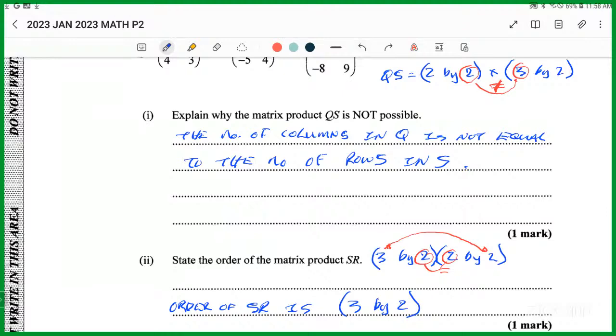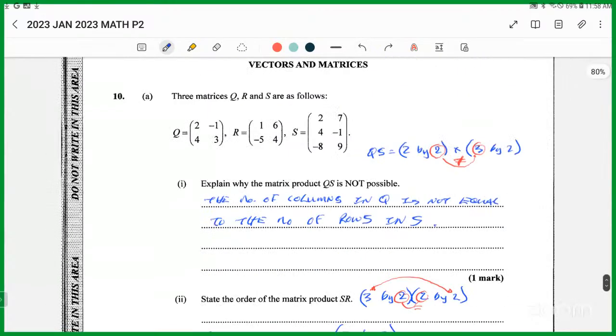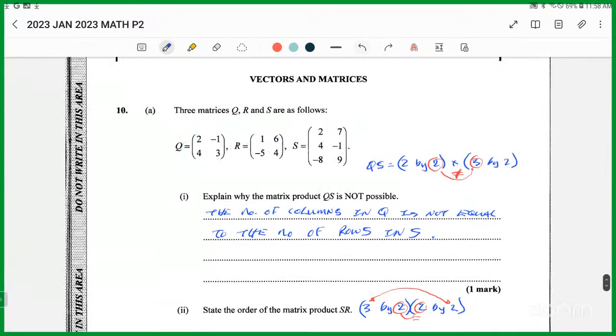Alright, anything else? It says calculate the matrix product QR. Q times R. So multiplying these two, I'll write them up here. So we're multiplying Q, which is 2, minus 1, 4, 3, times R, which is 1, 6, minus 5, 4.